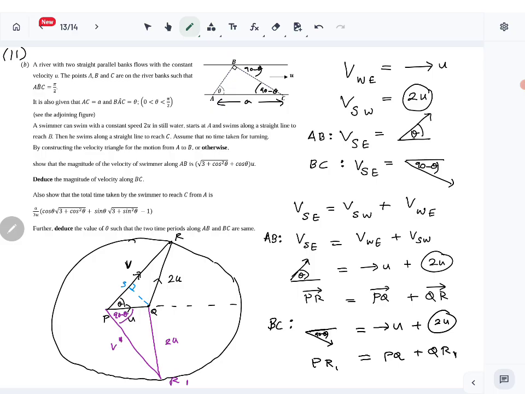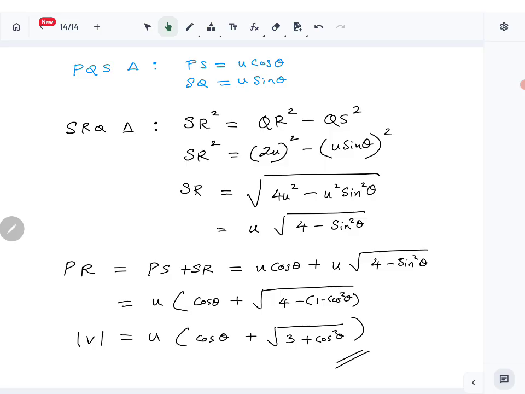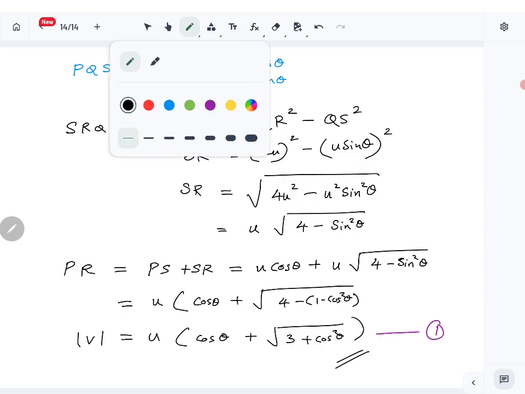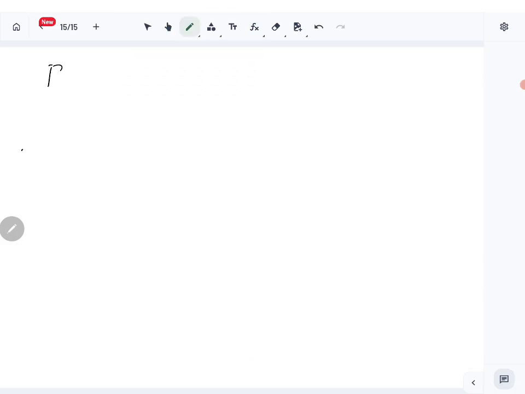So same type of triangle as PQR. So the only thing that changes is this angle, 90 minus theta. Same method, so you can use this formula that we found. Let me label this as 1. Replace theta with 90 minus theta in 1.